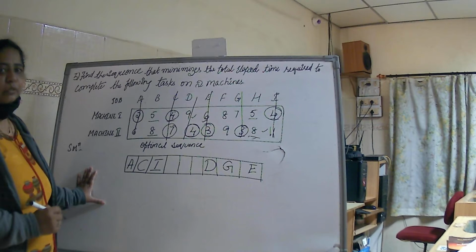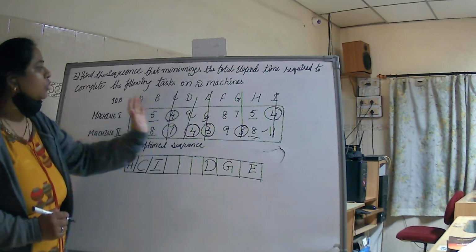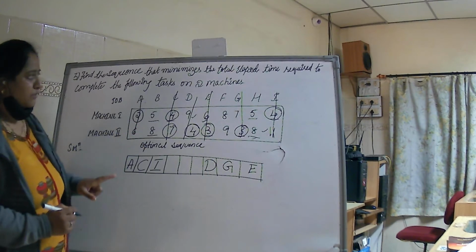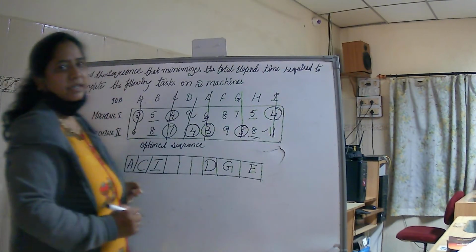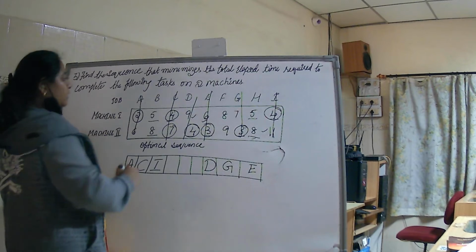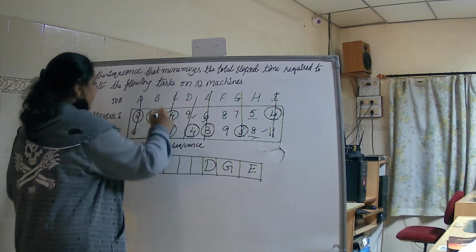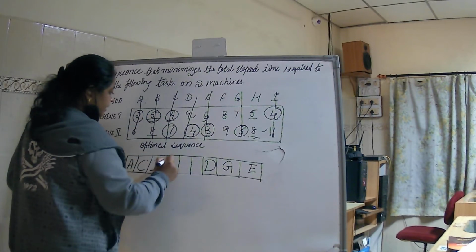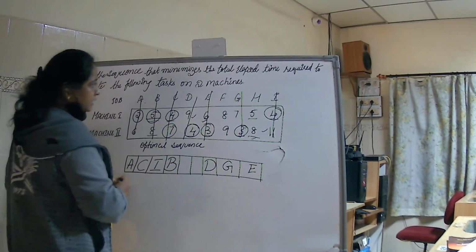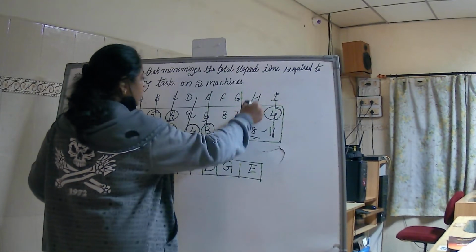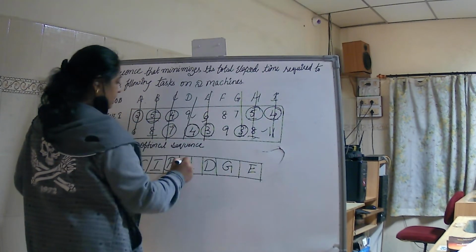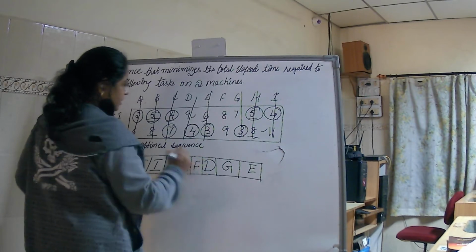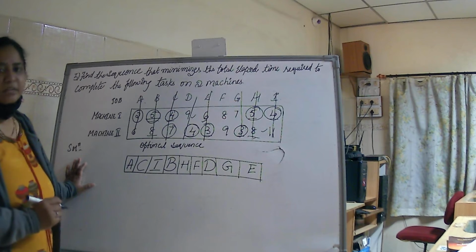Now what I do here is, I can take either of them. If I want to take B, I'll take B first. If I want to take H, I can take H first. So first I would like to consider B. I am striking it because it is for machine 1, and I write B towards my left hand side, and next I take H on the left hand side, and then the remaining is F, which comes in the left column.